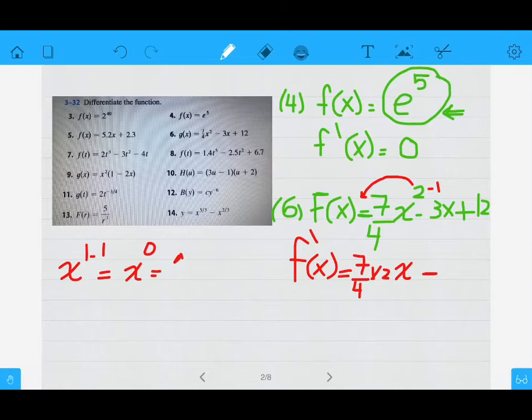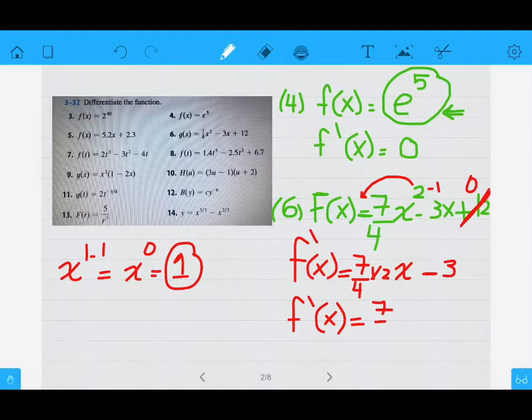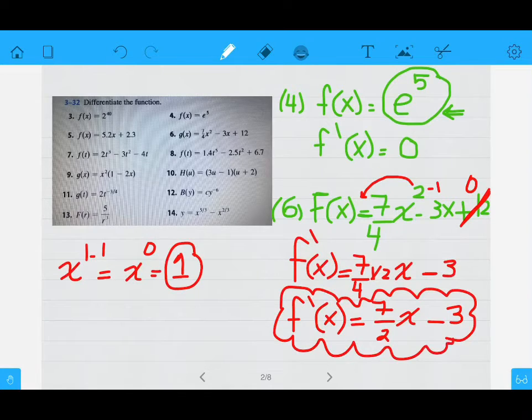X to the power 0 means 1. Okay, this as a note. Here we have negative 3. This one 0, for 12, because it's a constant. Now I simplify this one. f prime x equals, here we can divide by 2. We have 7/2 x minus 3. This is the answer for question number 6.